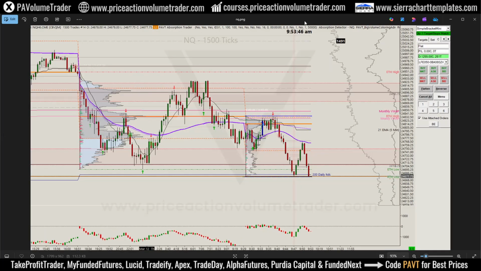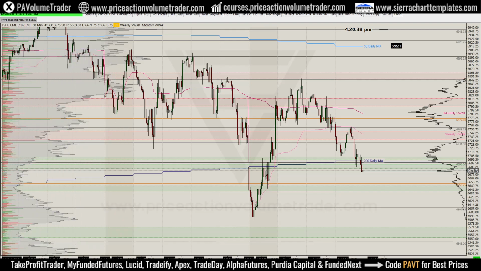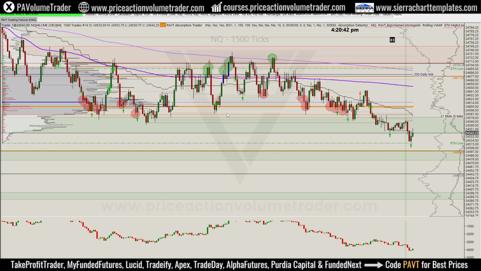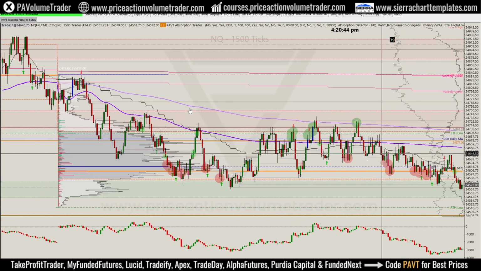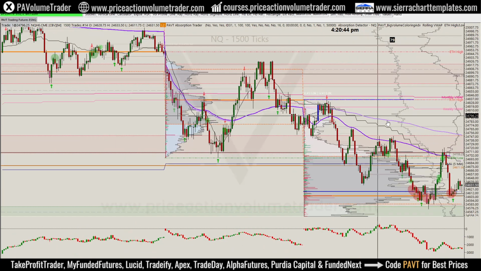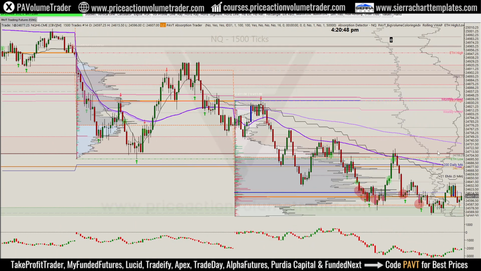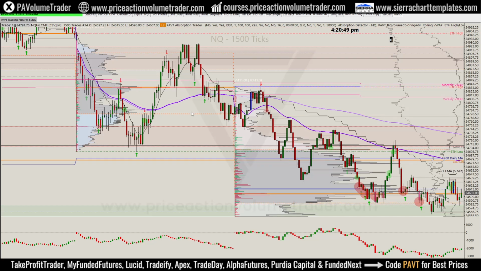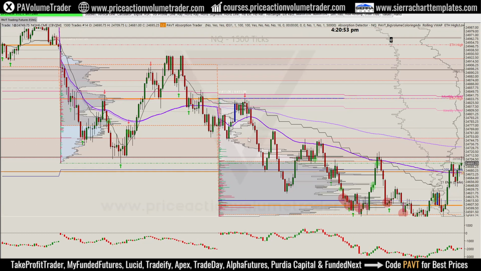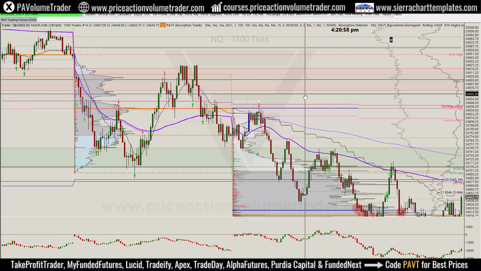And then NASDAQ. This is NASDAQ, very similar thing. I caught it literally like a minute after the open, which was right here. Now, this area is red now because we're below it, but when we opened, this was a green zone.